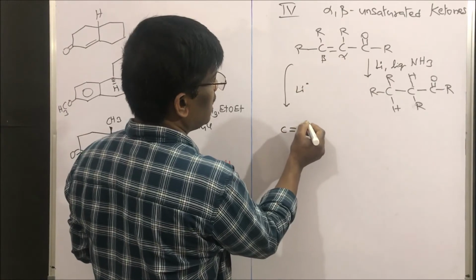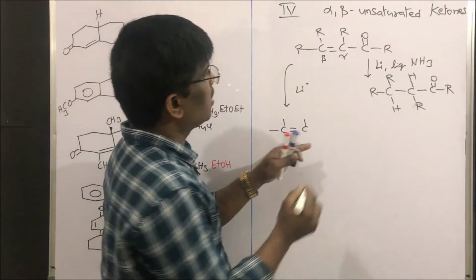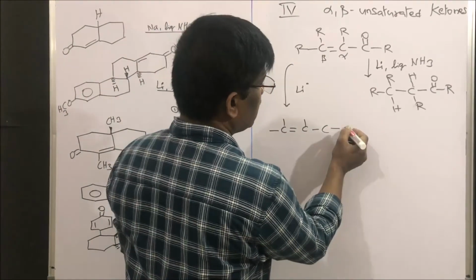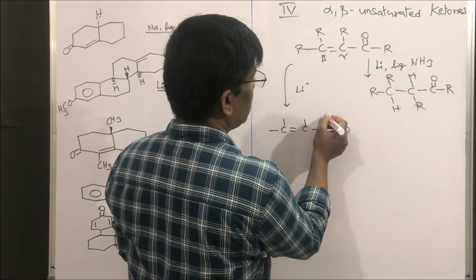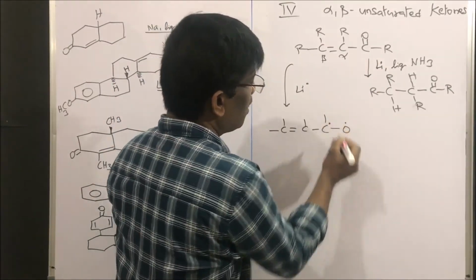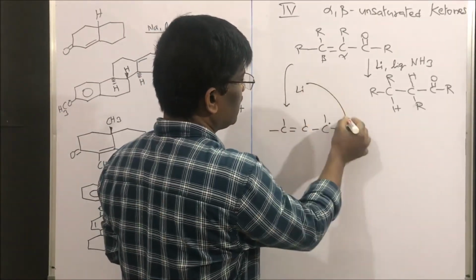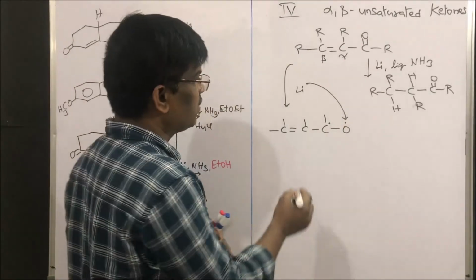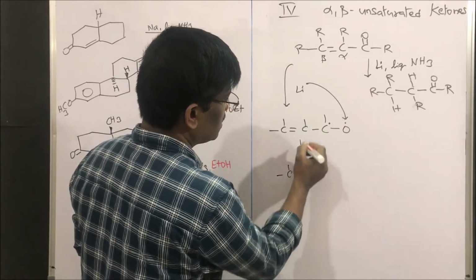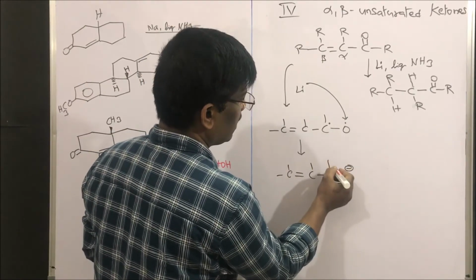Double bond C. So I am not putting R here. So this double bond C, and for understanding I am writing oxygen this side, oxygen, and R is here. So this is radical. Yes students, so in presence of this, oxygen is going to take up radical to give double bond C, O minus and radical.